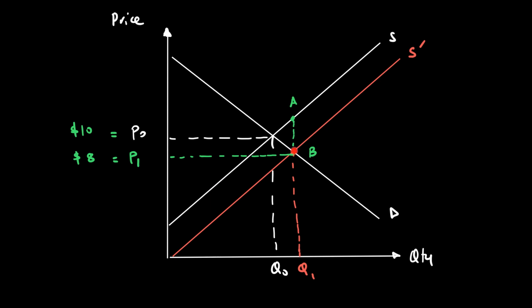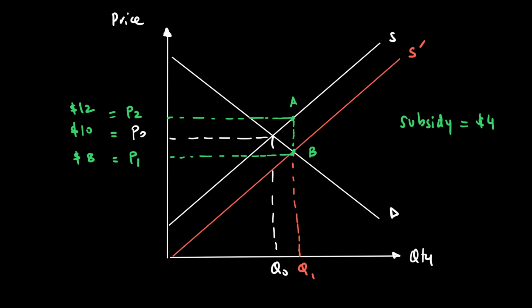we notice the vertical distance is much more than this $2 subsidy. In fact, let's say the subsidy is $4. So this vertical distance AB would be, let's say, $4, and let's call this P2 price to be, in fact, $12. So what I'm saying here is just that when you give a subsidy, the price of the good will go down, but not by the whole amount of the subsidy.